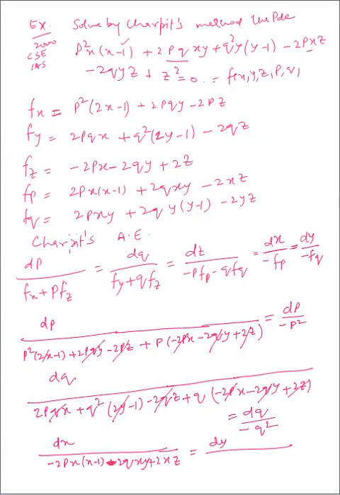So this is minus fq, which is minus 2pxy minus 2qy (y minus 1) plus 2yz, and we find dz upon minus p fp and minus q fq.